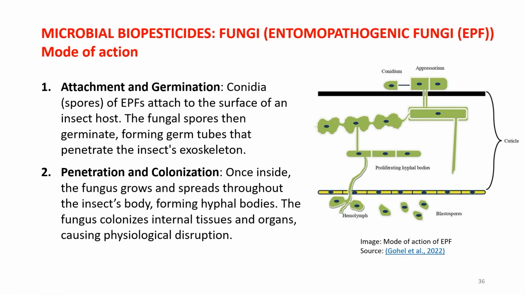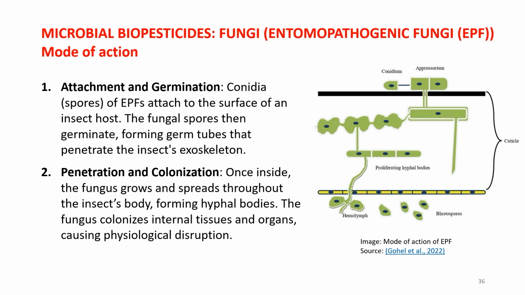So, the first step is attachment and germination. Conidia or spores of entomopathogenic fungi attach to the surface of an insect host. The fungal spores then germinate, forming germ tubes that penetrate the insect's exoskeleton.